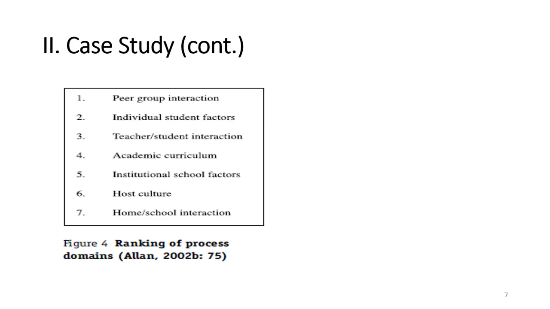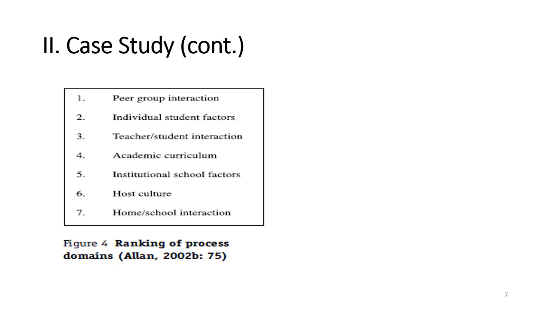Once all of that was analyzed, the author determined that there were 7 major categories. These categories, from the students' own words, from those 171 participants, were ranked in what he calls domains.